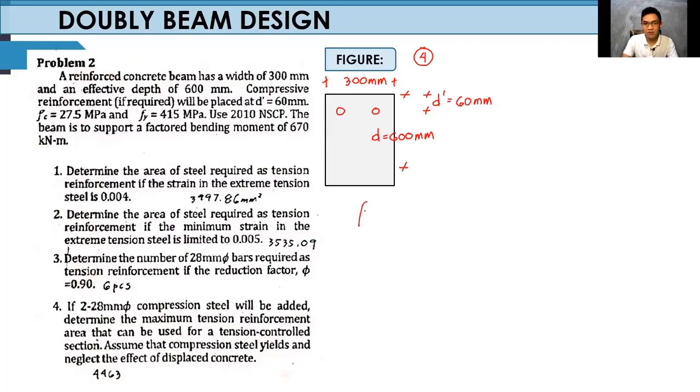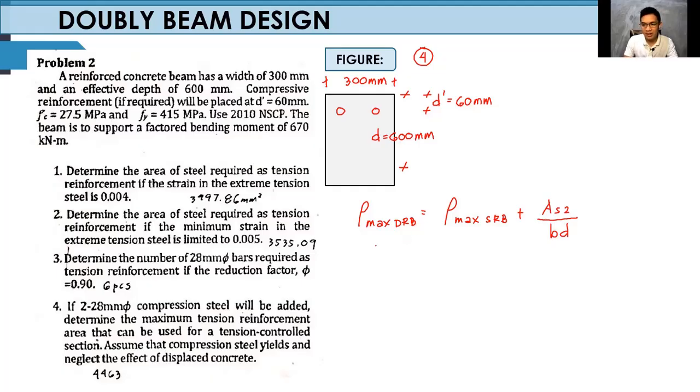So therefore, yung formula niya is rho maximum for our doubly reinforced beam is equivalent sa rho maximum ng singly reinforced beam natin plus AS2. 'Di ba? Divided by yung ating PD. So I hope that you could recall this formula. Na-discuss na natin to last time.